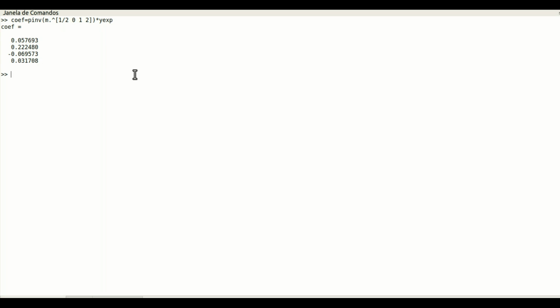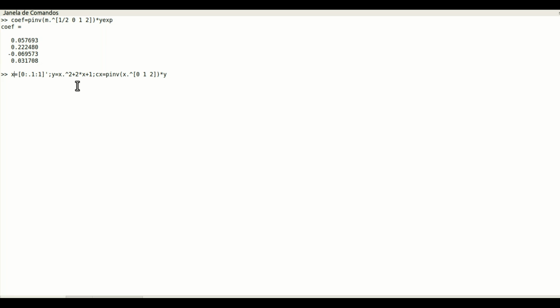Let's give an example. Let's consider x from 0 to 1, step 0.1, and I generate this data, x squared plus 2x plus 1.